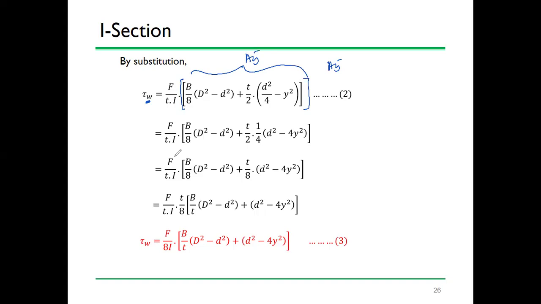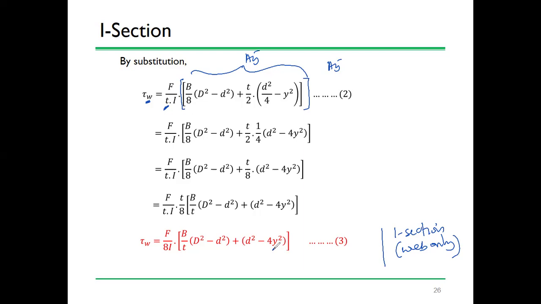And remember that because we're in the web, this B here is now small t. And further simplification of this equation, we'll get equation 3. Once again, this one is for I section and for the web only. So if you want to deal with the web, this is the formula. When you check it, you realize that everything here is simply known.